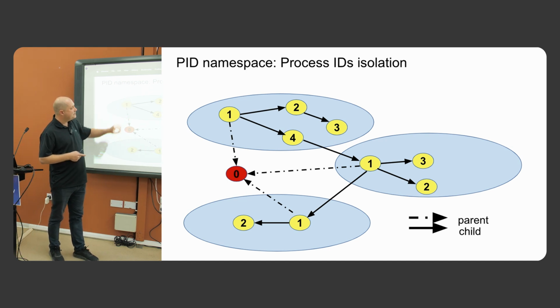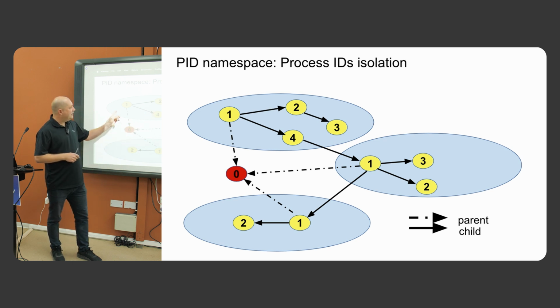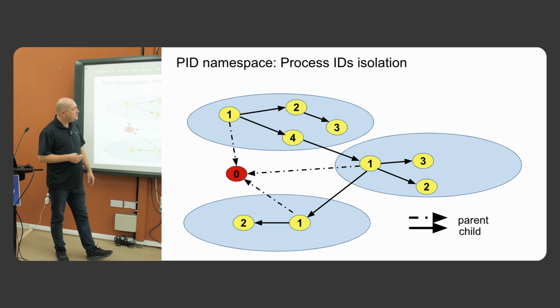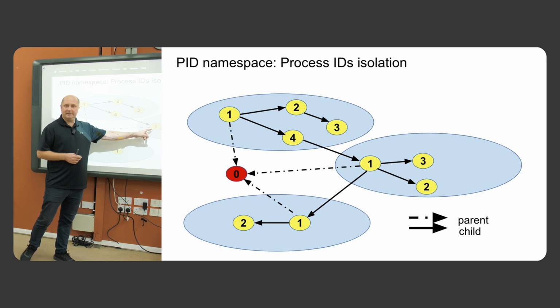So imagine this is a host. I have usually a first process ID, and I can create several of them. And when I create a new process ID namespace, I have again one.